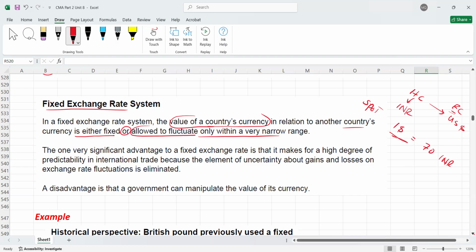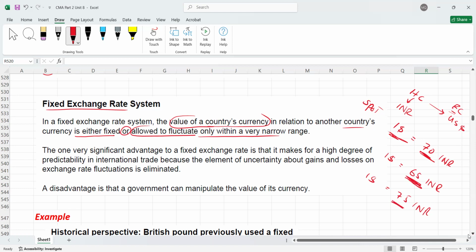For example, $1 equals 70 rupees, and the government will set limits. The lower limit, for example, is $1 equals 65 INR, and the higher limit is $1 equals 75 rupees. These are narrow ranges, because the spot rate is 70. They have set the rate so that it can go down to 65 and up to 75.